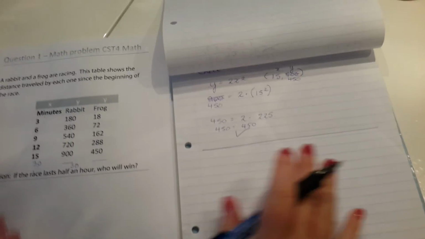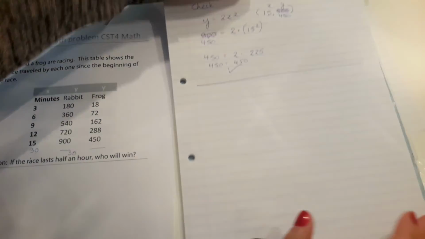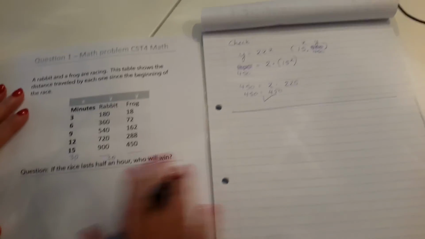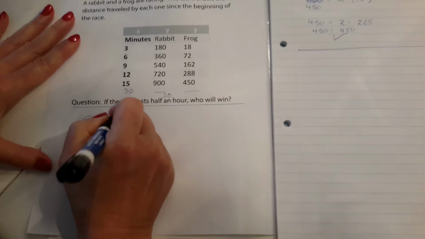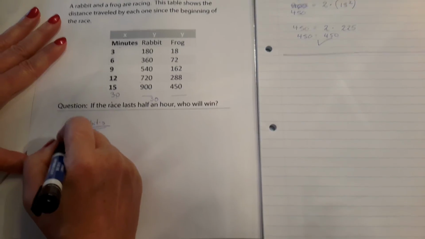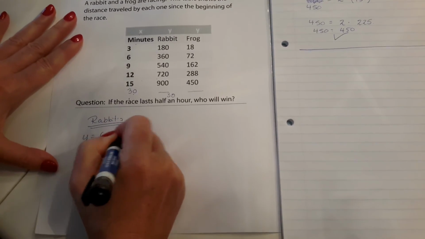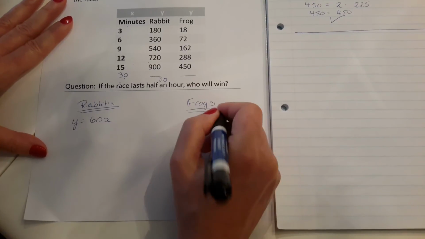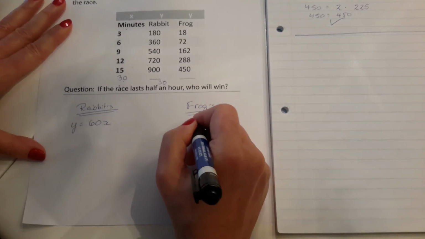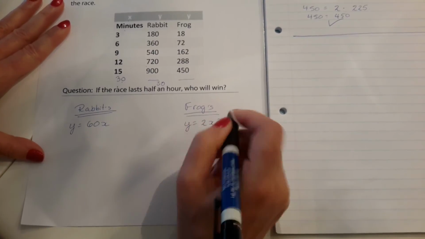So now we're at the end. We've got our two equations. Let's go back and look at this sheet here, and we'll write the rabbit's equation, which is y equals 60x, and the frog speed is y equals 2x squared.